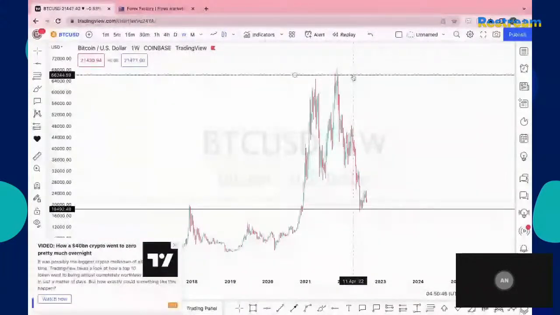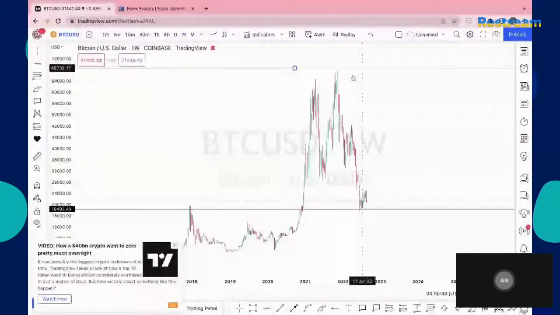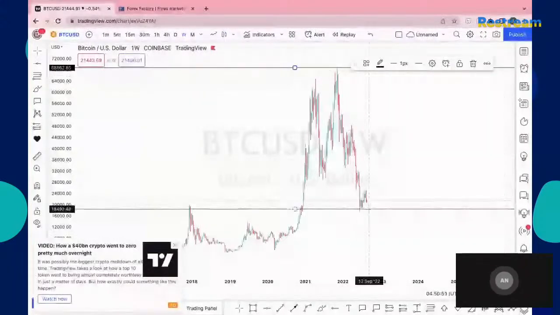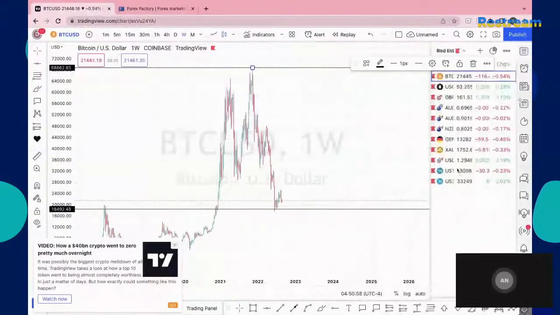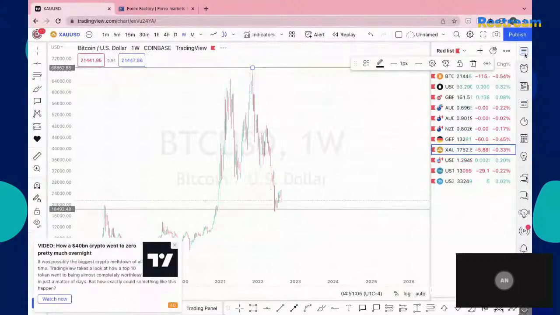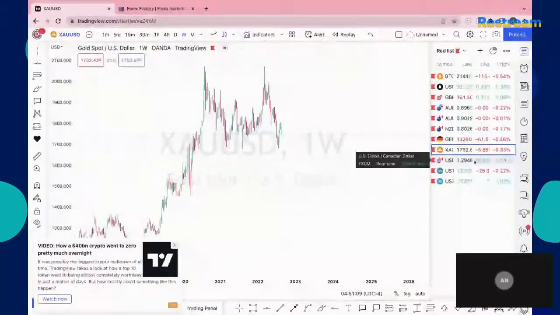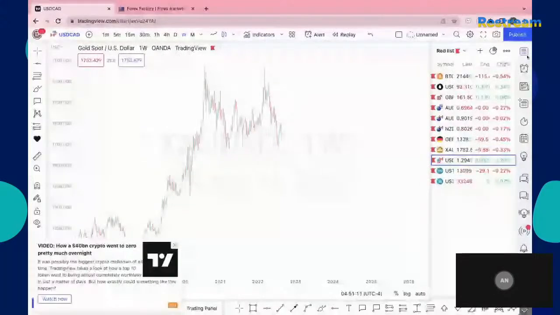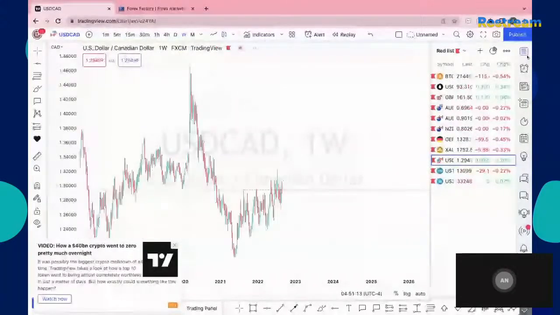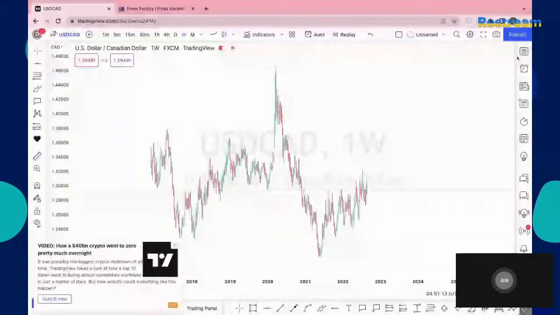Then it was 68k, and now all of a sudden it's back here at 18k, around $21,000. So we can't ignore that. Your chart can drop down like that.